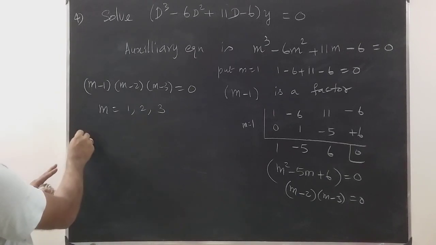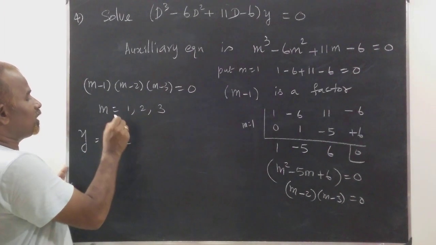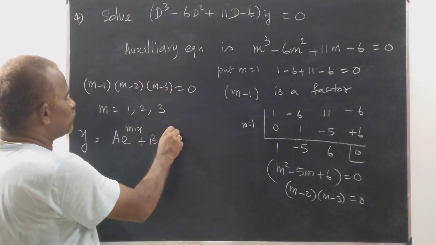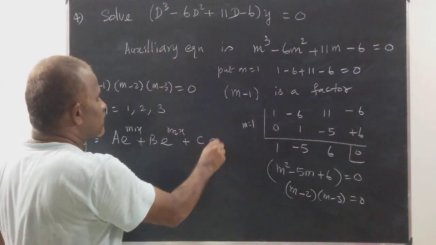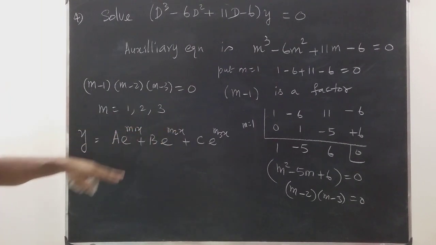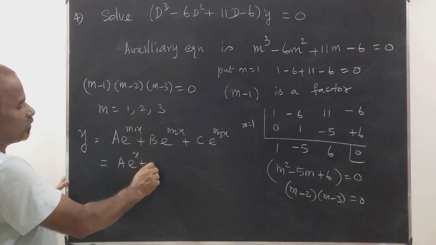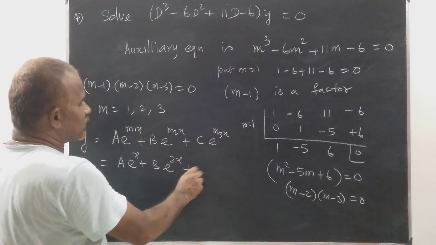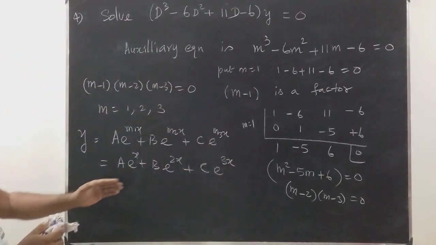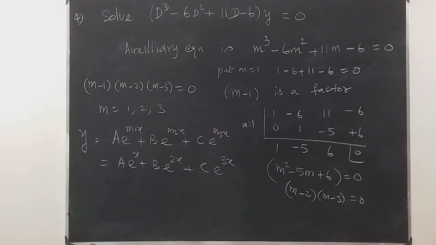So the solution y is equal to a into e power m1x plus b into e power m2x plus c into e power m3x. Now because all the roots are real and distinct, a into e power x plus b into e power 2x plus c into e power 3x. So this is the required solution for the given differential equation.